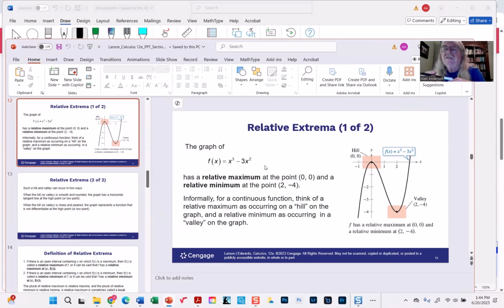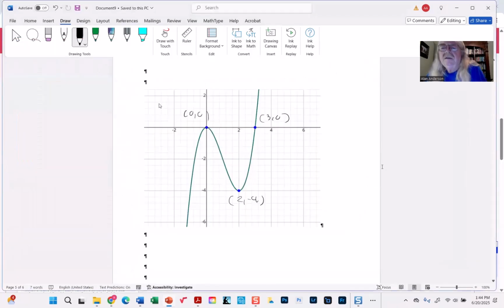But they want you to see visually that we do have a minimum and a maximum because the curve rises until it hits 0, 0, and then it turns down. And then it falls, it hits 2, -4, and then it goes back up. After that, it goes up forever.